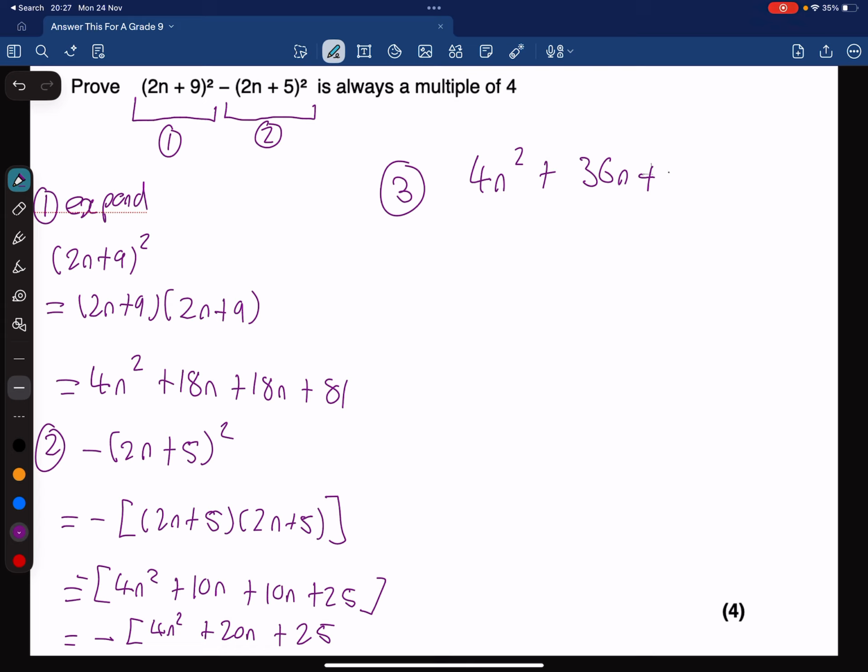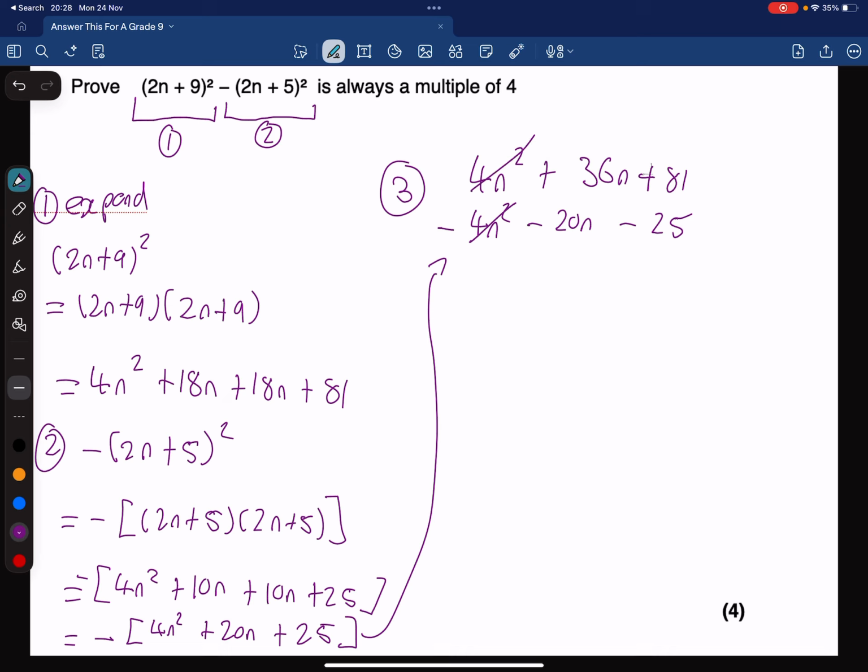Plus 81. Then we're minusing the second bracket. I'm going to just expand this quickly. Minus 4n squared minus 20n minus 25.